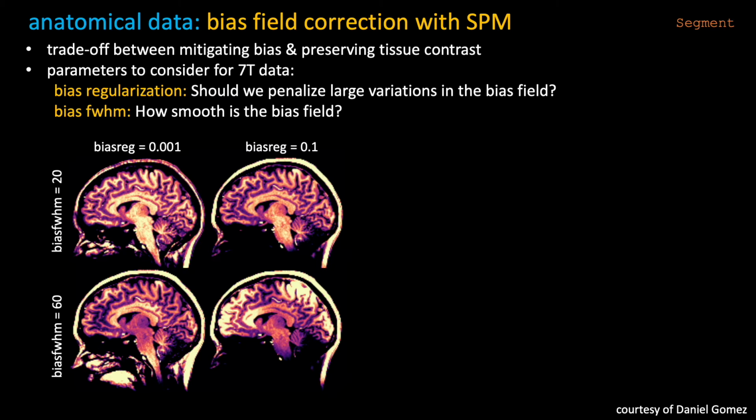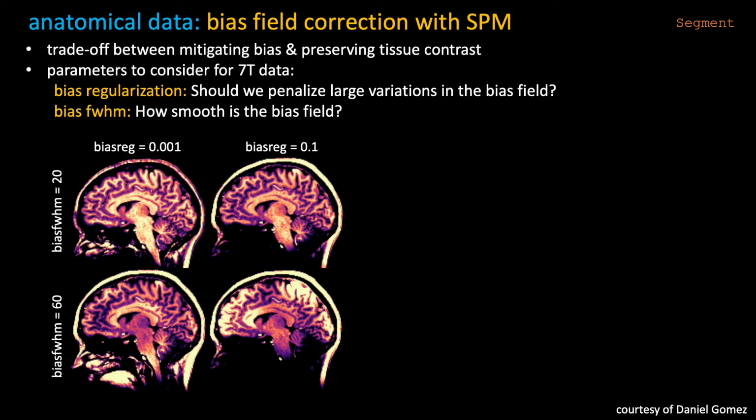This image and a few images coming up were provided to me by Daniel Gomez, who is a postdoc with John Polimeni, and he's been working on these issues for quite some time, trying to optimize this pipeline the best for our 7T data. So coming back to these images, you can see at the bottom row are the images with the smoothness of 60.